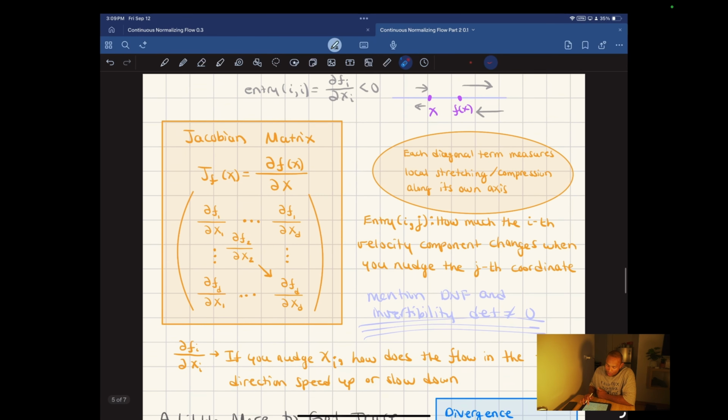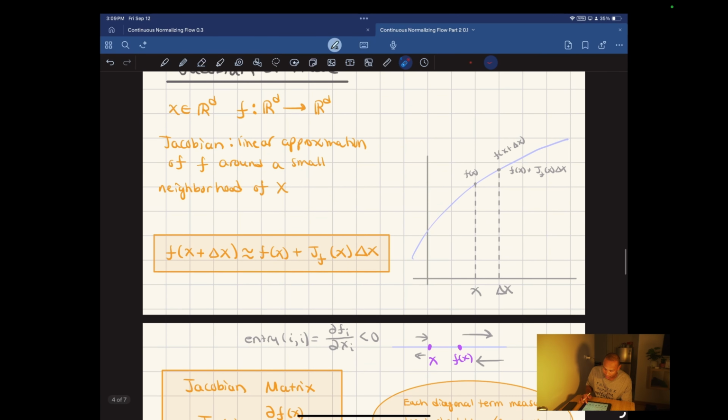We now understand that the geometric interpretation of the Jacobian is a linear approximation of our function f around a small neighborhood of x for an input x, where f is a mapping between two vector spaces.